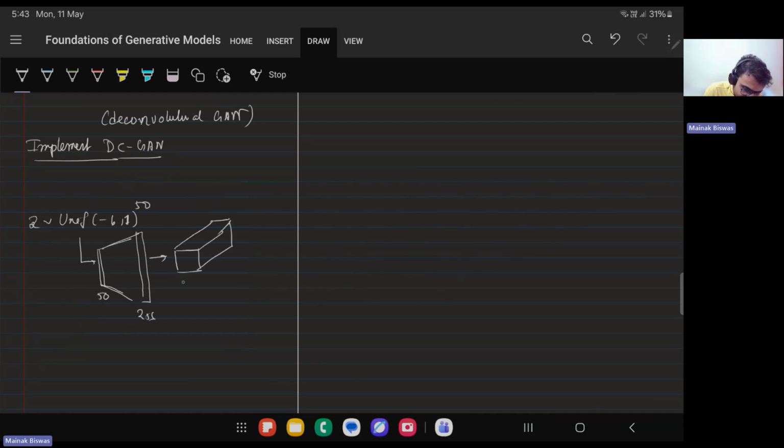I don't remember the exact value, but this is one of the methods. Then I will use deconvolution and batch normalization in the different layers, with some trimming and clipping, to get, say, 7 cross 7 cross 32.